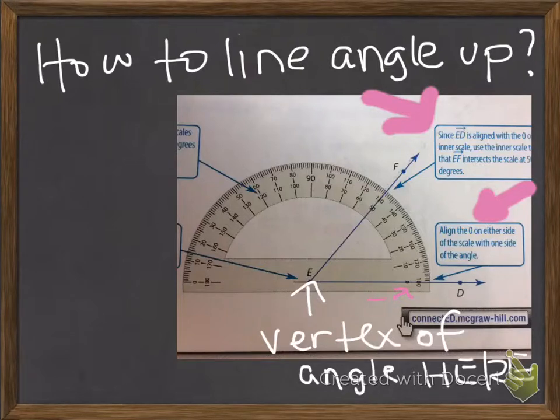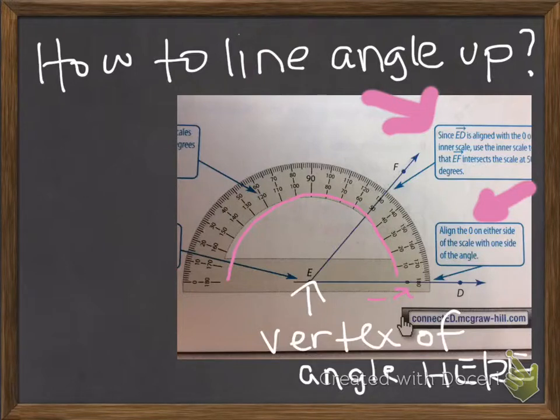This side aligns with the 0, and that's going to be the 0 on the inside of the protractor, because there's the 0 through 180 on the outside, which is here, and then 0 through 180 on the inside, which is here. So whatever side is lined up with the 0, you're going to go with that scale. So in this case, the 0 is lined up with the inner part of the protractor, so I'm going to go with the inner labels of the protractor, so not this one.